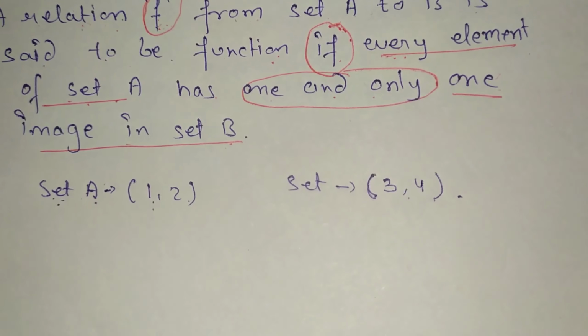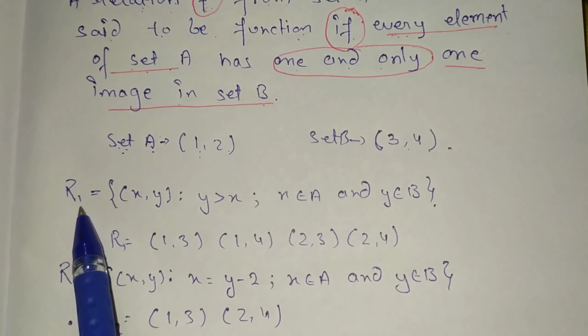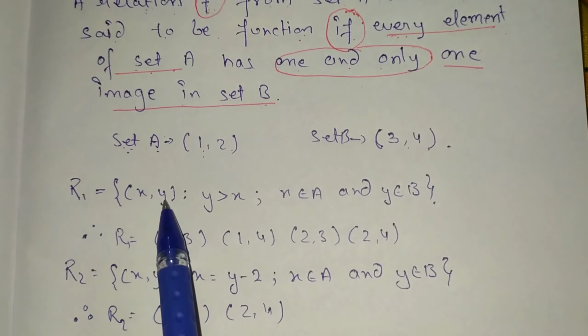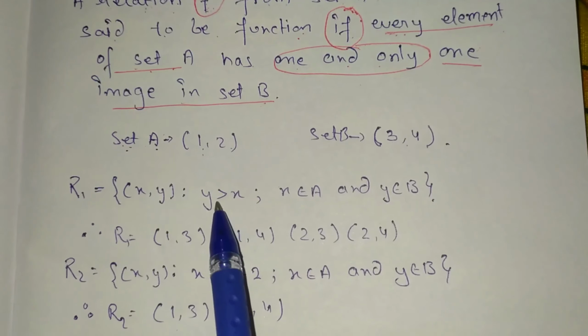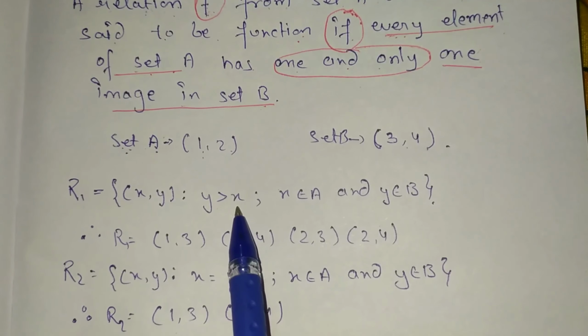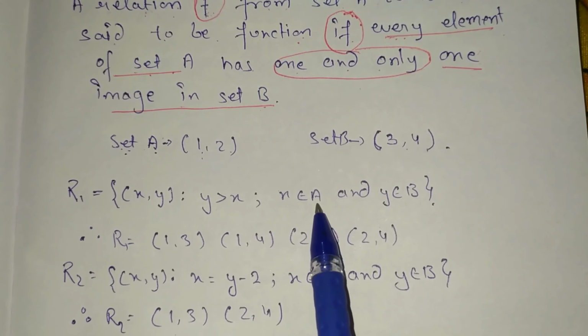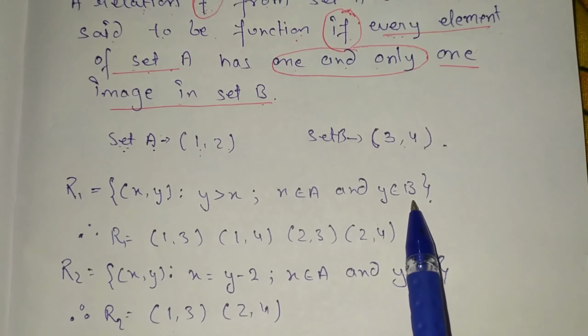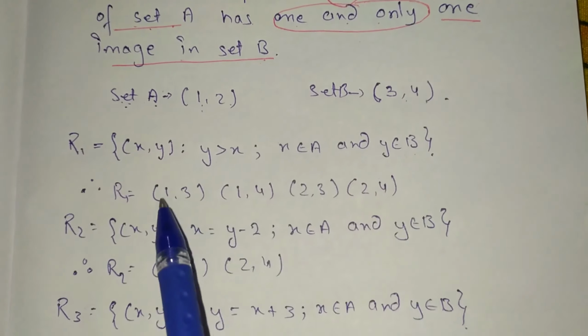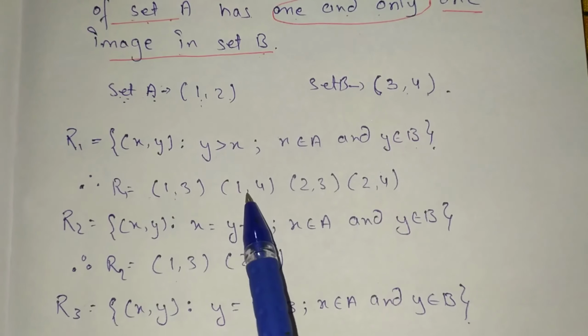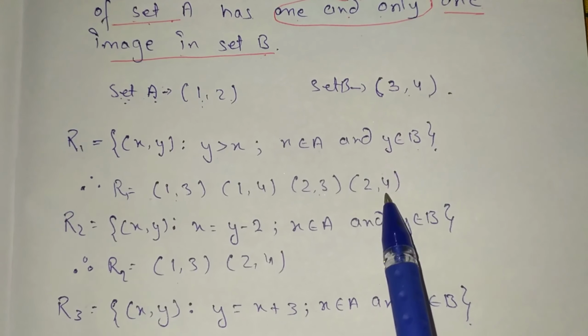First of all, let's write them. Relation 1: we have two elements x and y, where y is greater than x, x belongs to set A and y belongs to set B, and therefore we have the relation (1,3), (1,4), (2,3), (2,4).